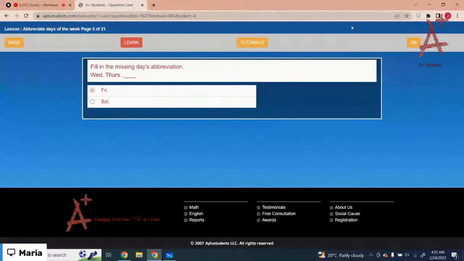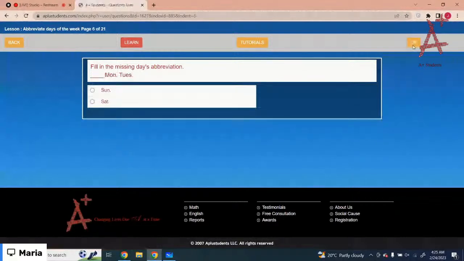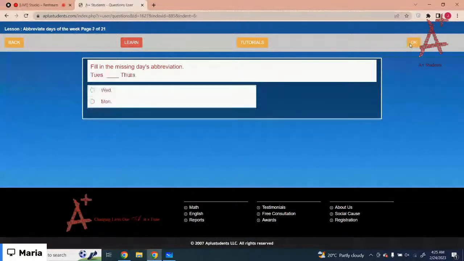Yes, the correct option is Friday. I forgot to click on the OK button. Sorry. Okay, the next one is dash Monday and Tuesday. Which day is before Monday? Yes, very good. That would be Sunday. It is Sunday, Monday, and Tuesday. Okay, Tuesday dash Thursday, which is the correct option?